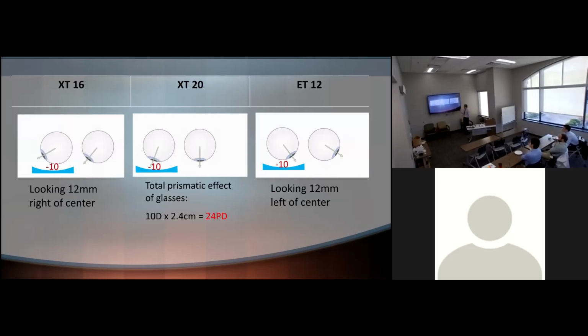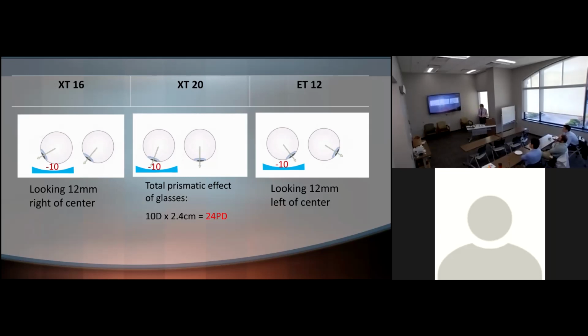So the net distance is 24 millimeters, divided by 10 equals 2.4 centimeters, and then multiplied by the power of the lens, which is 10. So we have 24 prism diopters of prismatic effect alone, induced by the patient looking from the right gaze to the left gaze.